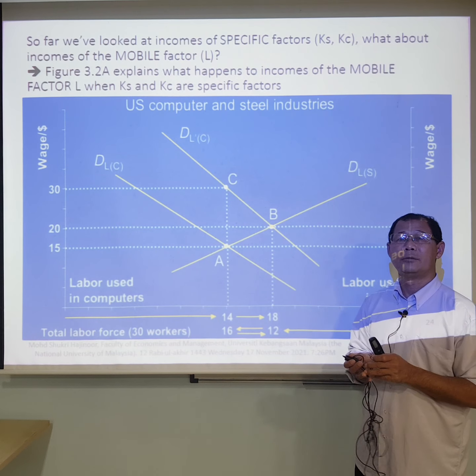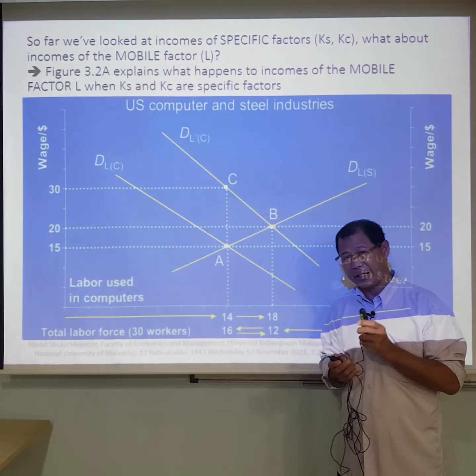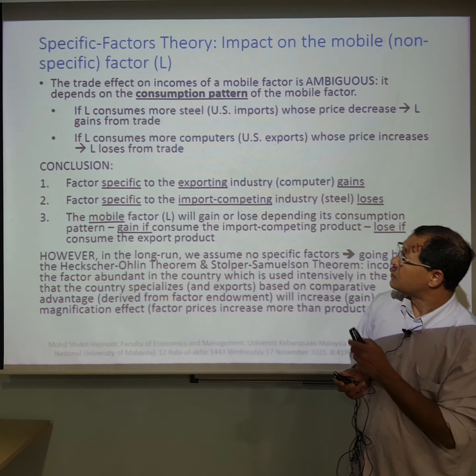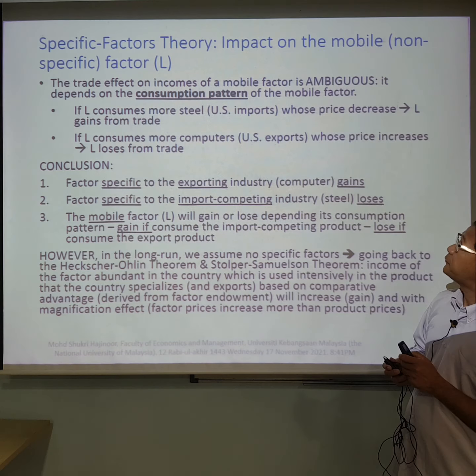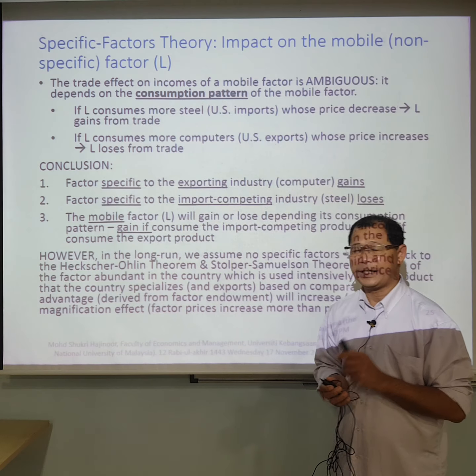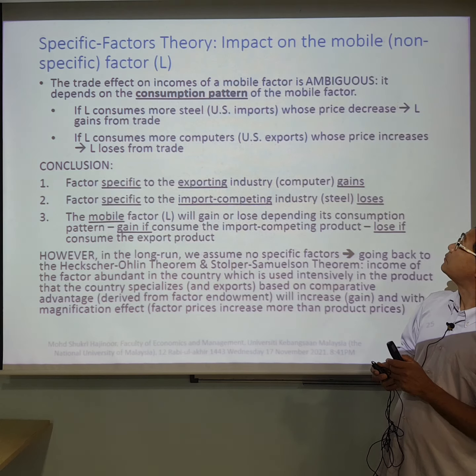We have to look at the consumption pattern of the labor. So the trade effect on incomes of a mobile factor is ambiguous because it depends on the consumption pattern of that factor.